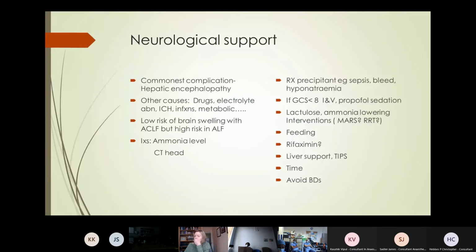Rifaximin, as we said before, helps in lowering the ammonia levels, and it also helps in managing the bacterial translocation. You have the liver support like TIPS, and the other thing is time. You need to give them time to recover. Avoid benzodiazepines.